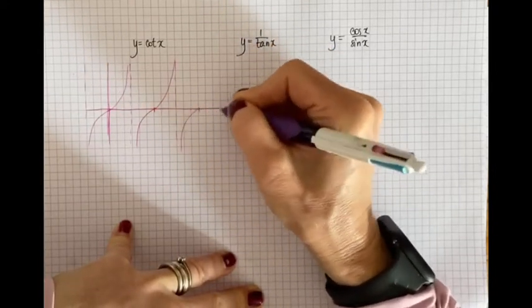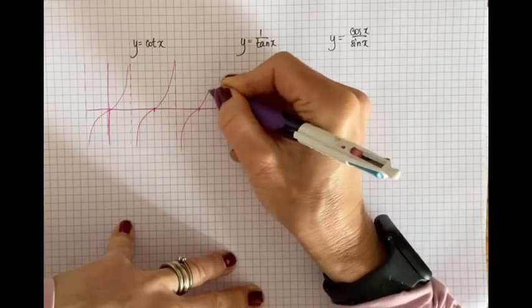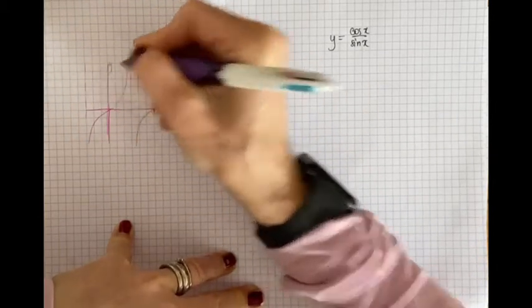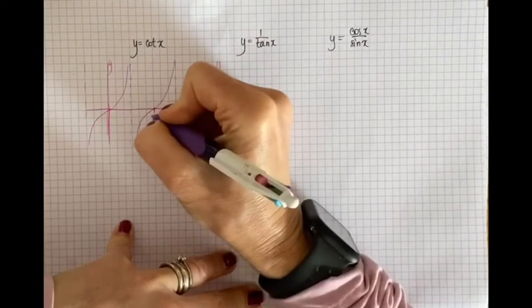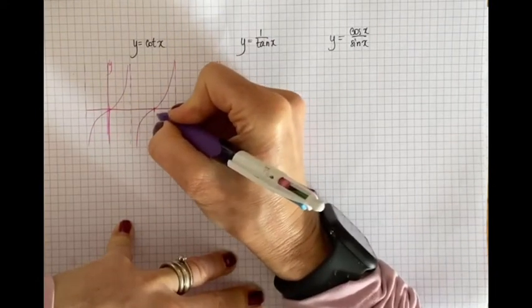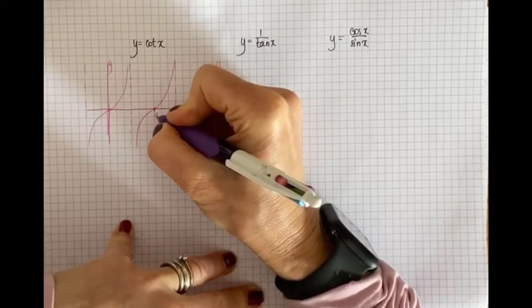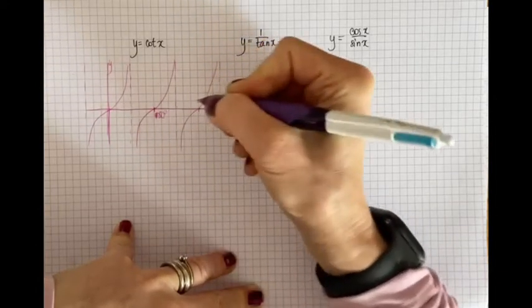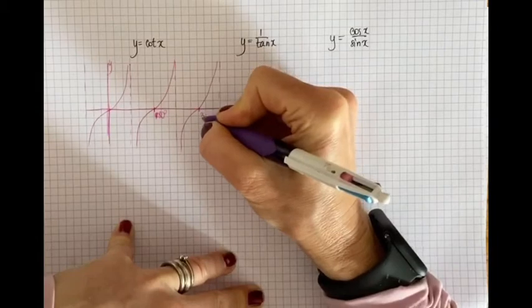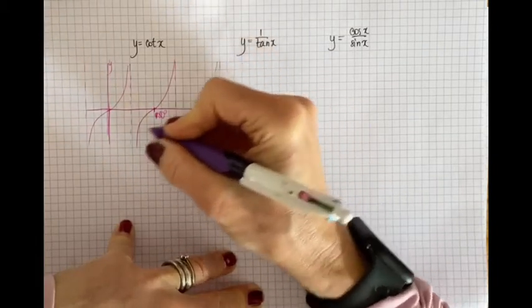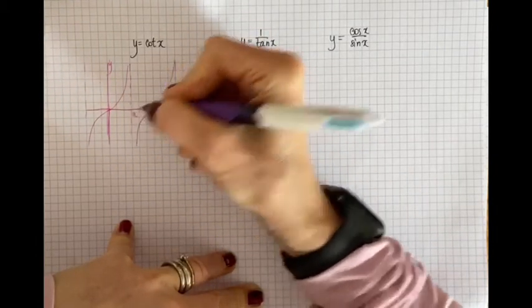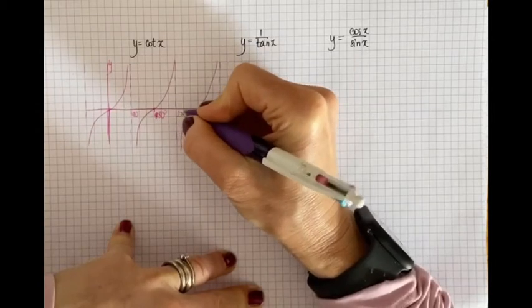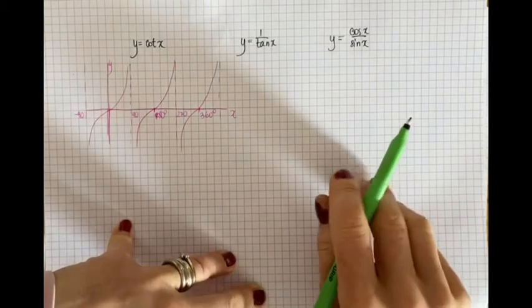It repeats itself every 180 degrees. So let's pop it down. This one was 90, this one is at 180, and this one is 360, and that one was 90, that's 270.